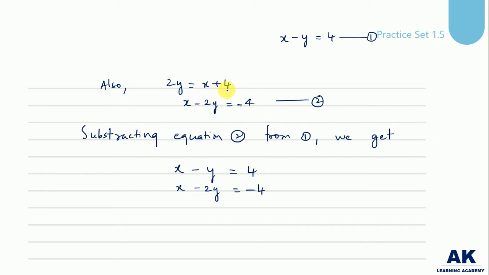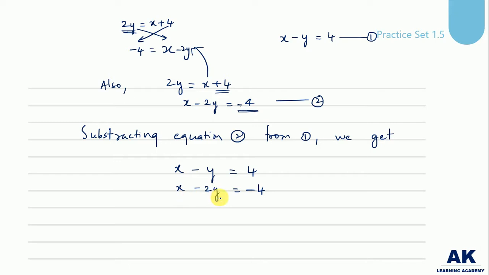See here, 2y is equal to x plus 4. If I shift the 4 to the left hand side, we will get minus 4. If I shift this 2y to the left, we will get minus 2y, and on the right hand side there is positive x, therefore x minus 2y is minus 4.